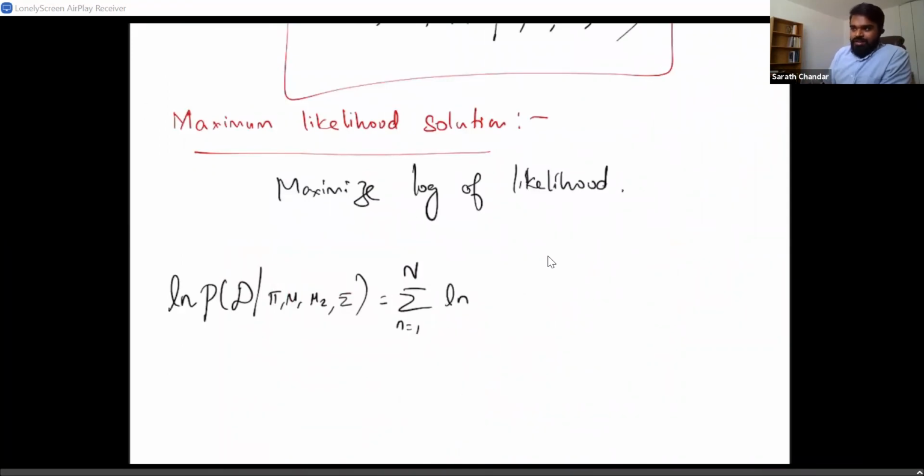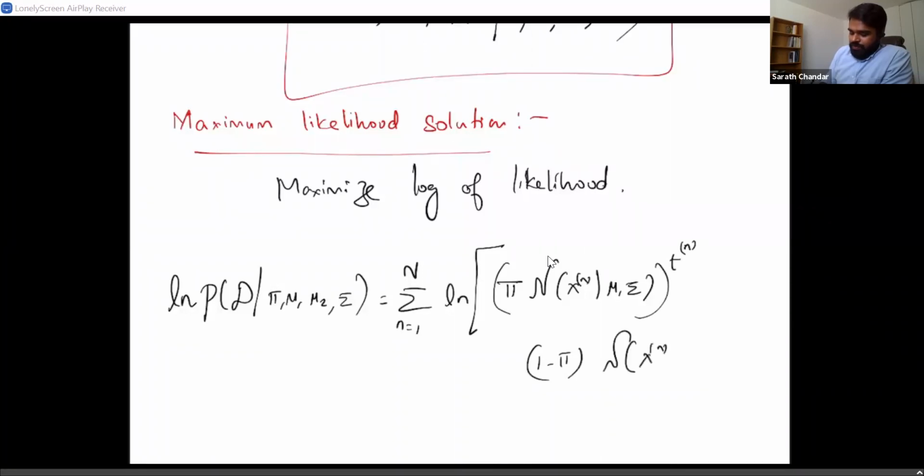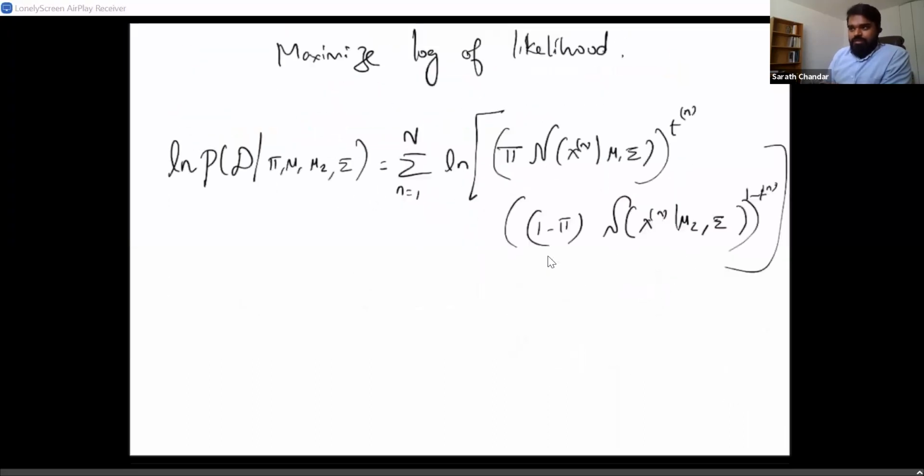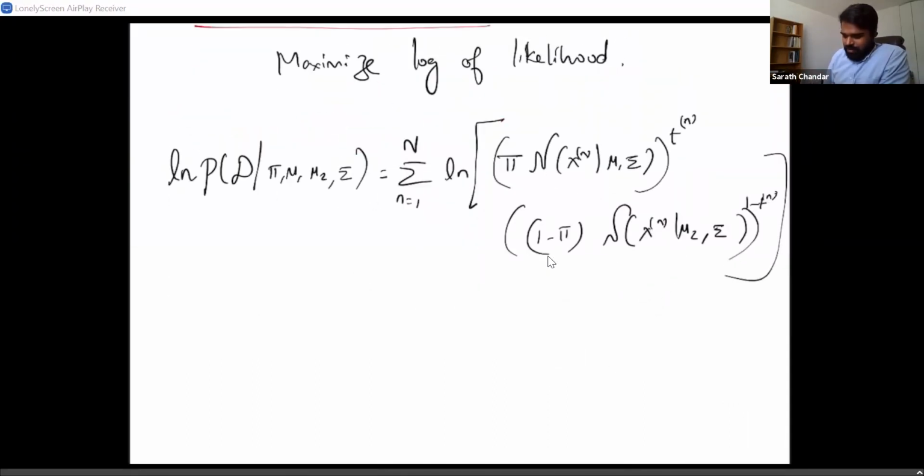ln of pi, the first Gaussian, to the power tn, times 1 minus pi, the second Gaussian, to the power 1 minus tn. Now this is ln of a times b, so it becomes ln a plus ln b. And you can also put the tn to the front. So this becomes summation over n equals 1 to N, I'm just bringing the ln inside.